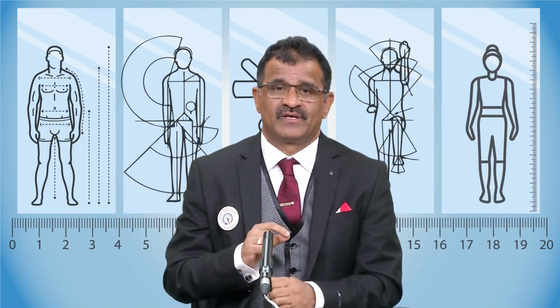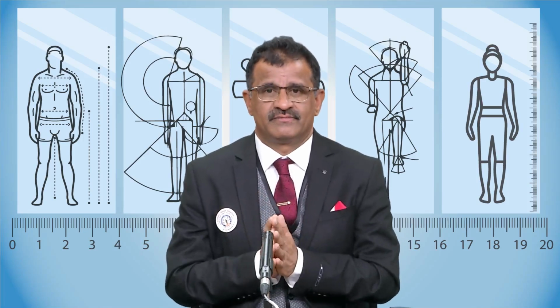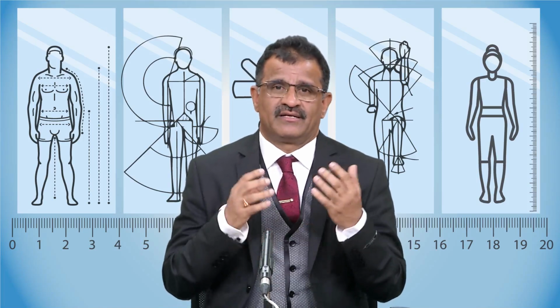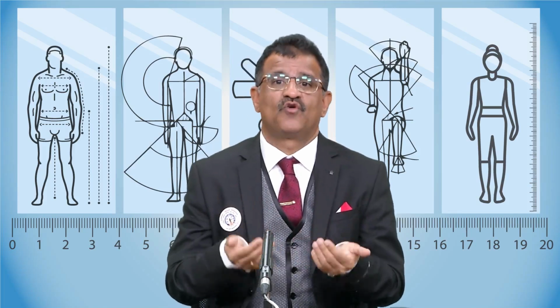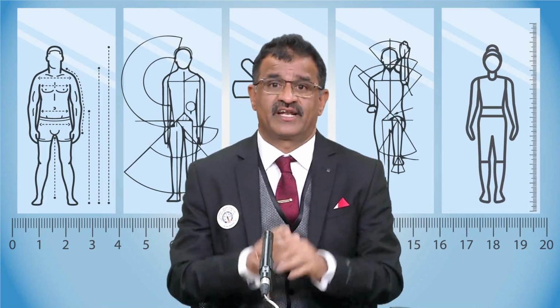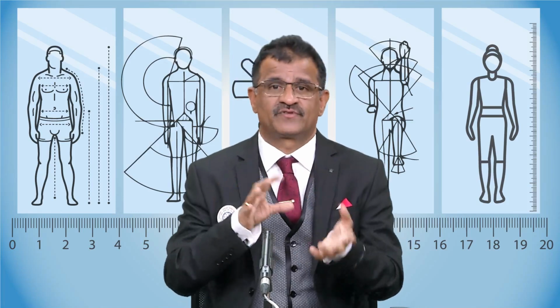And that is why not only for anatomy, not only for physiology, but clinically also this is a more important subject, and it is helpful for homeopaths to find out the status of the body as far as the constitution is concerned, different sizes and shapes of the body.